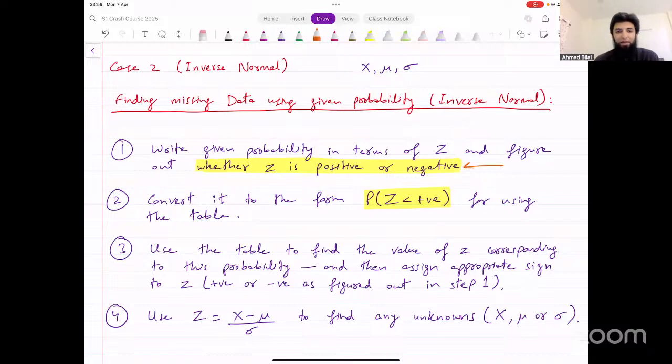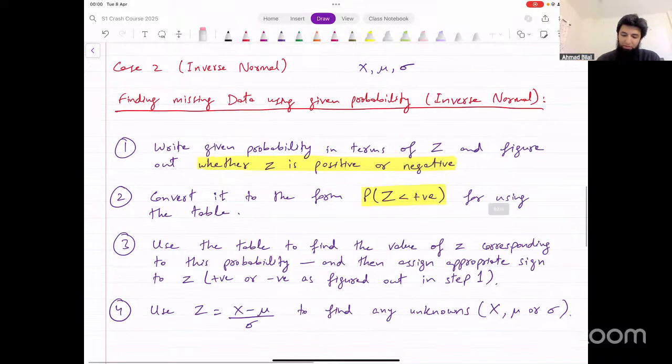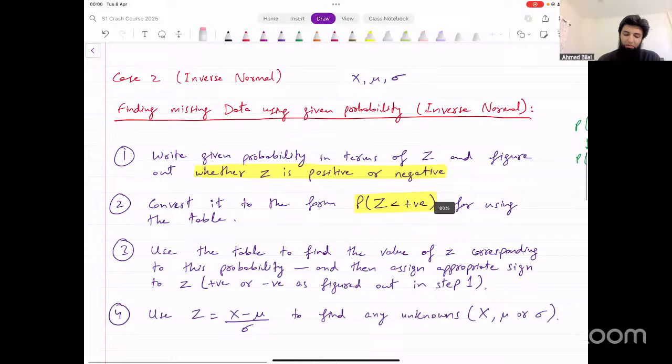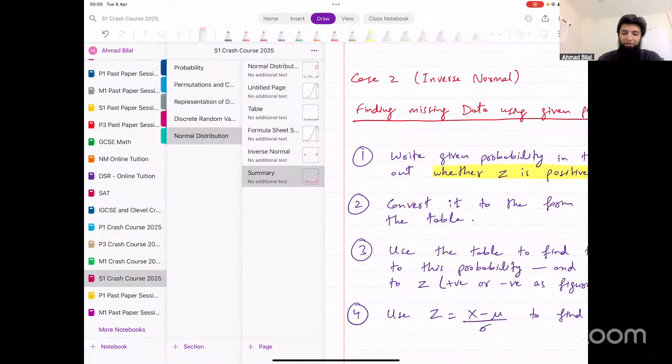Once you figure that out, you convert it to this form, Z less than a positive number. Then you use the table to find the value of Z, and you put the negative sign with that if it's needed. And then you use the formula Z equals X minus mu over sigma to find any unknown that you have. Okay, so that's the idea of inverse normal. This is just a summary of that. For your notes, I've added it to the notes.